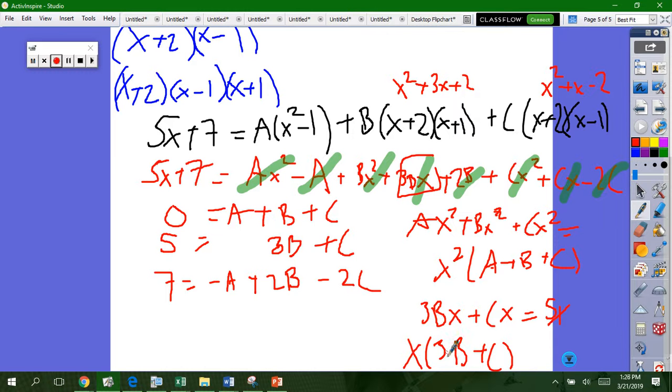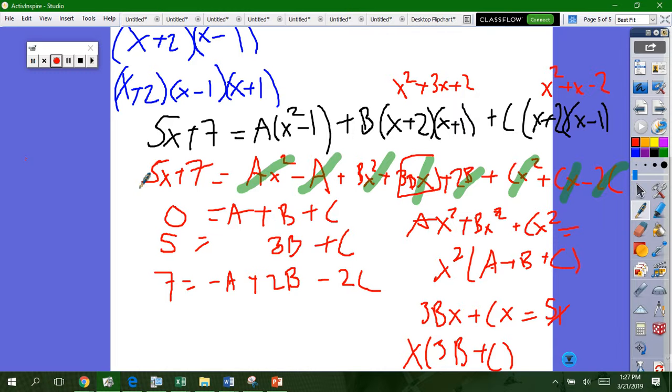Well, x times something should equal x times the something. So therefore, the things with just x better equal the guy over there with just x. And then the things without a variable like x, negative a plus 2b minus 2c, they don't have an x variable, better equal the guy without an x variable. Does that answer your question? Does everybody understand that? It's actually the key idea of this whole idea, so you got to know that rule.